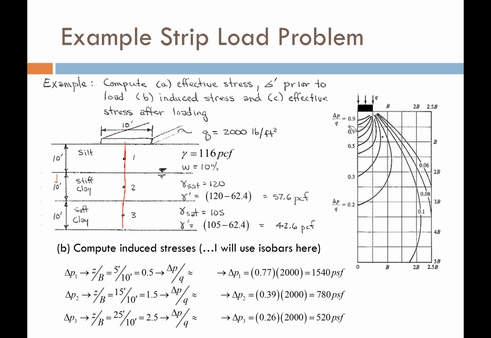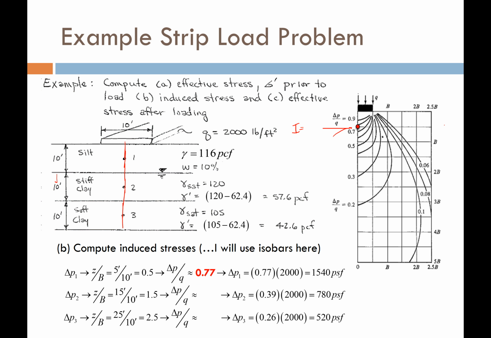So here we go. For my point number 1, I'm at a value of 0.5B right here, and I'm directly beneath the center of my footing. So that's where my point goes. And I interpret my I value, which is going to be approximately 0.77.